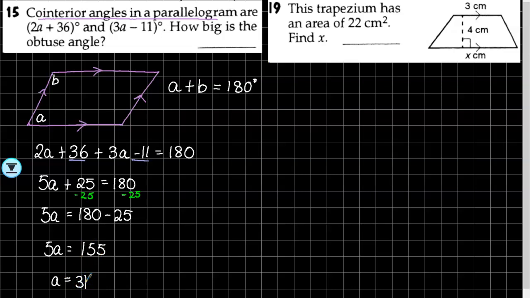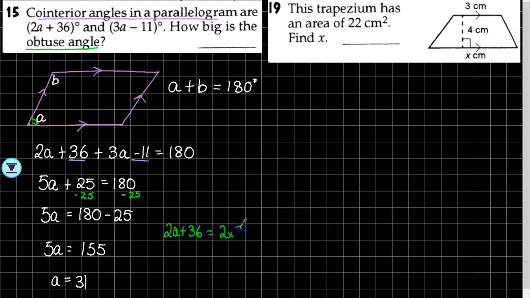Okay, you haven't finished because it said, how big is the obtuse angle? Well, the smallest one will be the acute angle. So let's work them both out. So we've got 2a plus 36. We're saying a is 31.